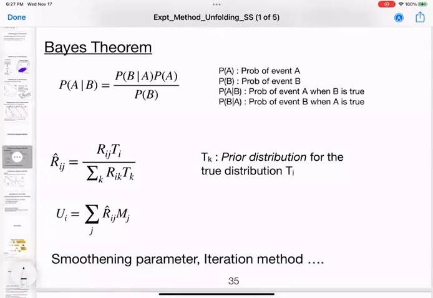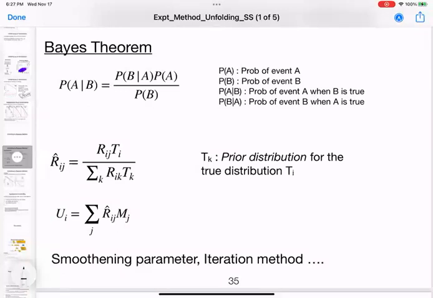We all know about this Bayes theorem, where the probability of event A when B is true, and the probability of event B when A is true, can be connected by this relation. So using this Bayes theorem, one can also do unfolding.